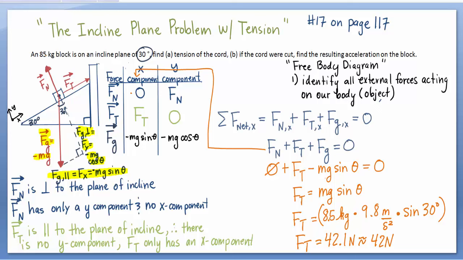That should be 8.5. My bad. 8.5. So that would give me 8.5 times 9.8 times the sine of 30, which is 1/2.